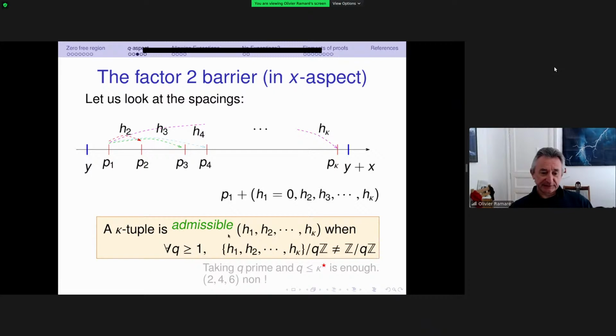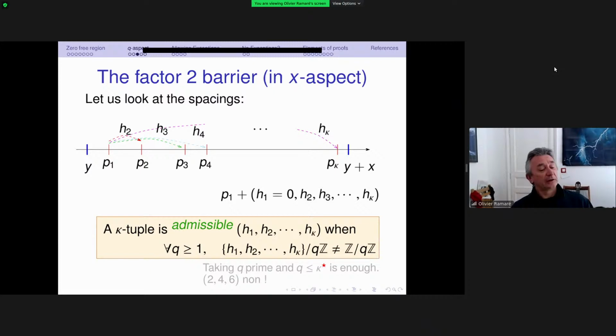To have an idea of that, you can look at the spacings between the primes. Give yourself an interval between y and y plus x, and look at all the primes you can put inside: p1, p2, p3, till p kappa. It's good to look at the spacings. So h2 is p2 minus p1, h3 is p3 minus p1. So you get p1 plus a set of spacings h1, h2, h3, up to h kappa. And these spacings should be spacings of primes.